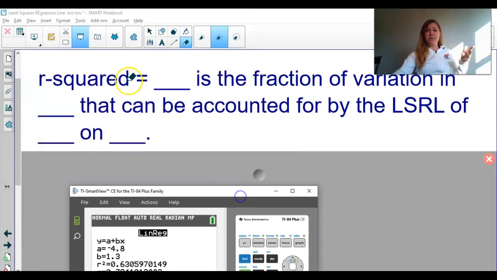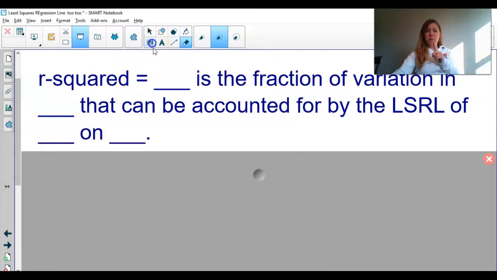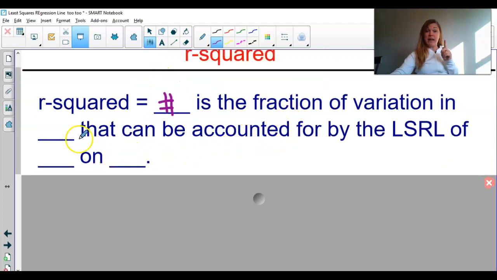So in the first blank, we put the value of R squared, whatever that value is, the fraction of variation in Y, in context, whatever that response variable is, that can be accounted for by the least squares regression line of Y on X, whatever that explanatory variable is.